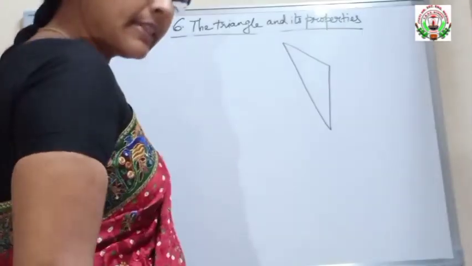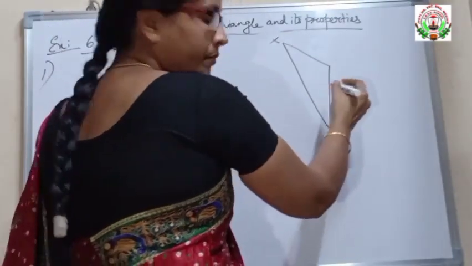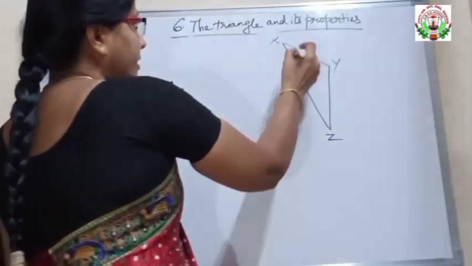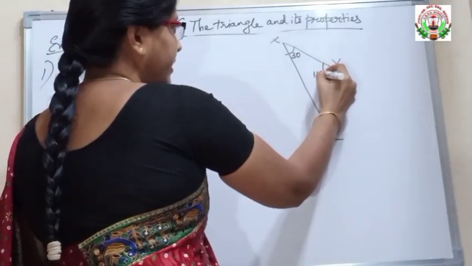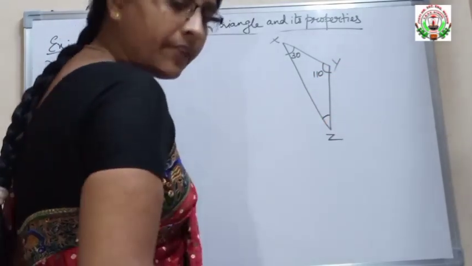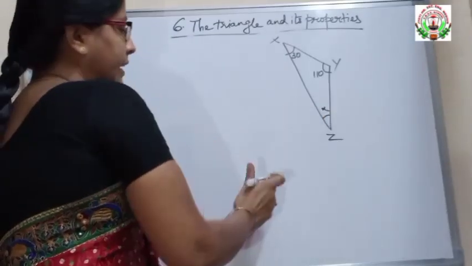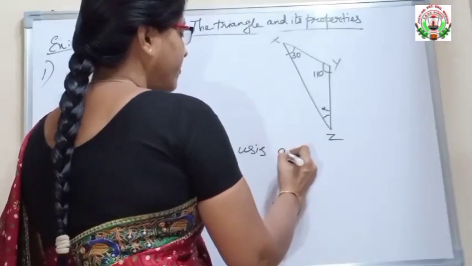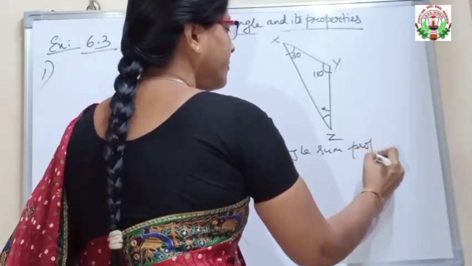Your triangle, this is the third part. Here it is given as x, y and z. And here it is given as 30 degrees, here 110 degrees and here it is given as small x. We have to find this x again by using angle sum property.